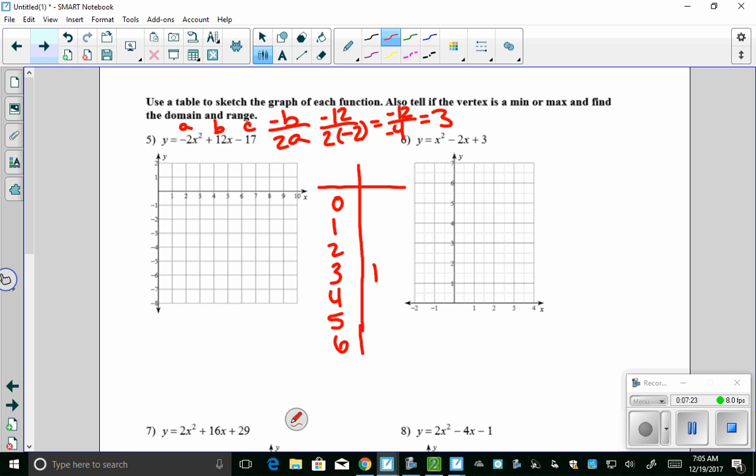So now plug in 2. I got negative 1. Negative 7. Negative 17.